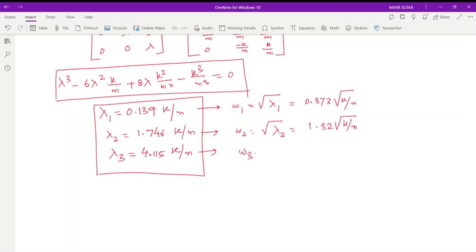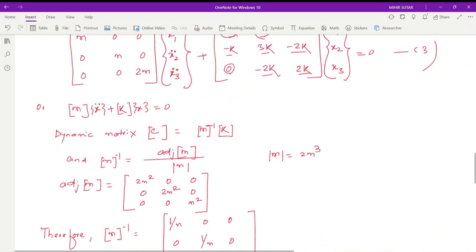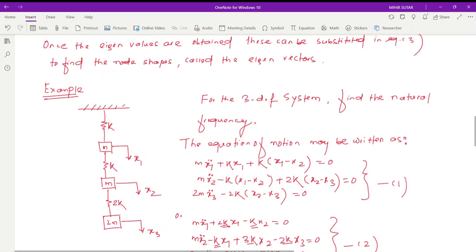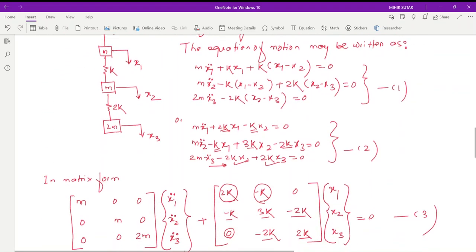Then omega 3 will be root over of lambda 3, that is 2.03 root over of k by m. So in this way you can find out the values of the lambda and the natural frequencies, where this lambda is basically the eigenvalues, and the square root of this will give you the natural frequency.